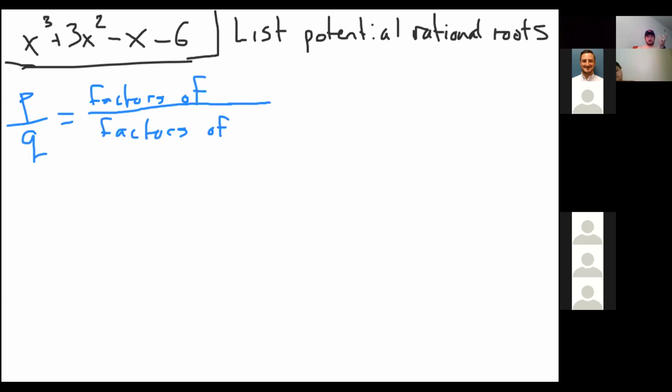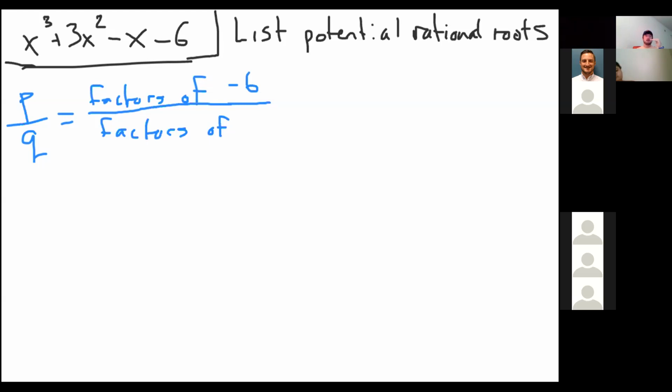So just really quickly, so we can go on to the factoring part. Well, I'm getting this list of potential rational roots. I always have this P over Q, right? So in that P, that number P always comes from taking factors of my constant term, right? The number at the very end that doesn't have an X associated with it. So in this case, it would be factors of -6, and I consider both positives and negatives factors of -6.